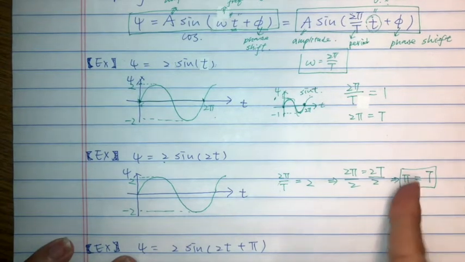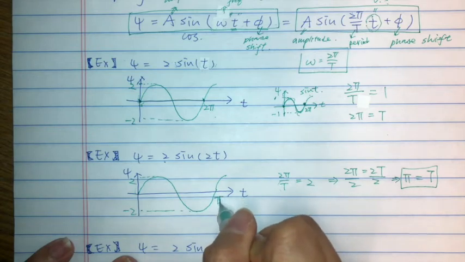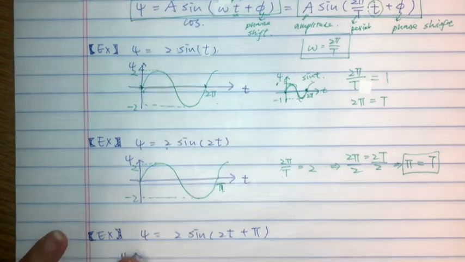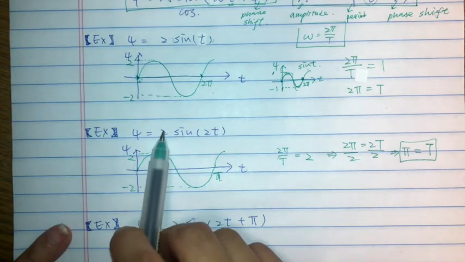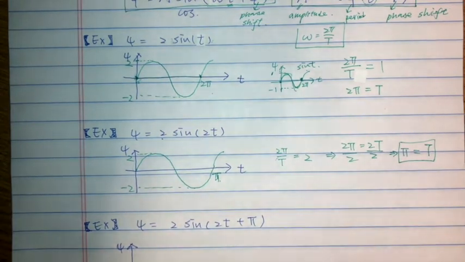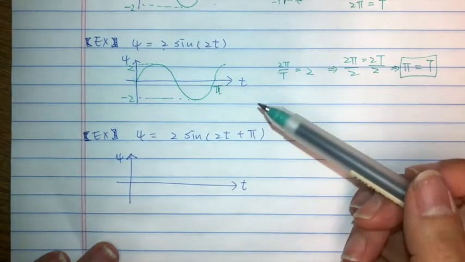So the period is pi. So 1 period is pi. Okay. So that's it. We have already taken care of this too.